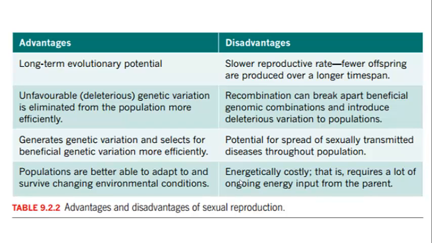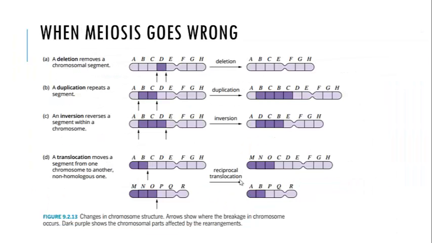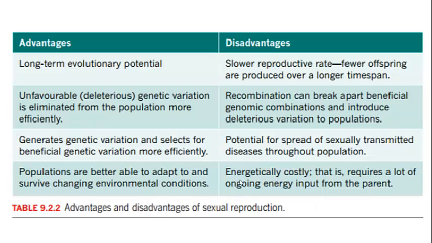Recombination can also break apart beneficial genomic combinations and introduce deleterious variation to populations. This is when we were talking about a duplication or an inversion or maybe a translocation, and how that can vary populations, and sometimes that can be pretty bad.